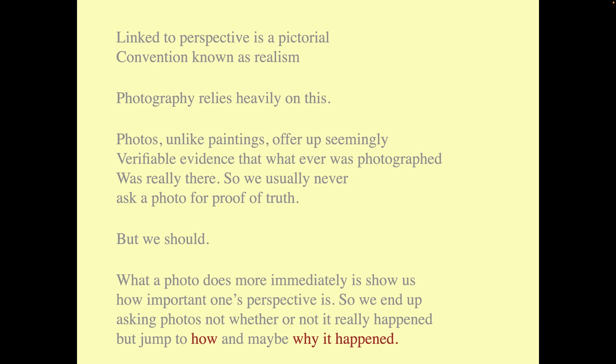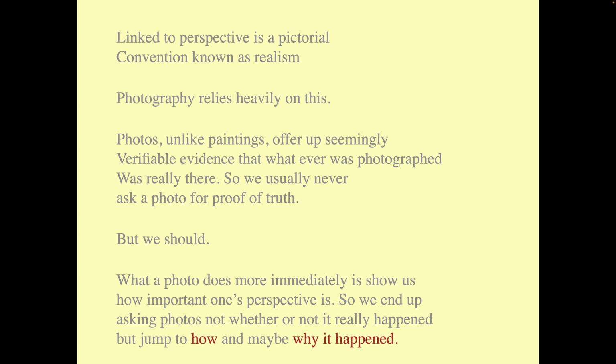All right. So linked to perspective is a pictorial convention known as realism, and photography relies heavily on this. Photos, unlike paintings, offer up seemingly verifiable evidence that whatever was photographed was really there. So with photography, we don't usually ask a photo for truth or proof because it is proof, right? But we should.